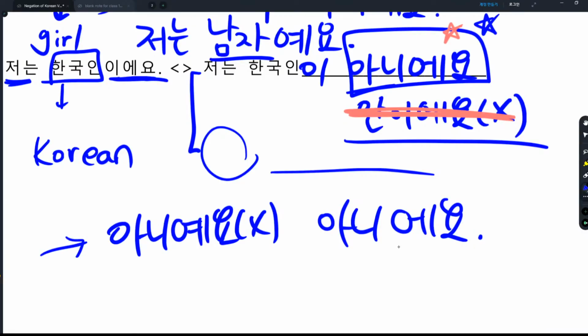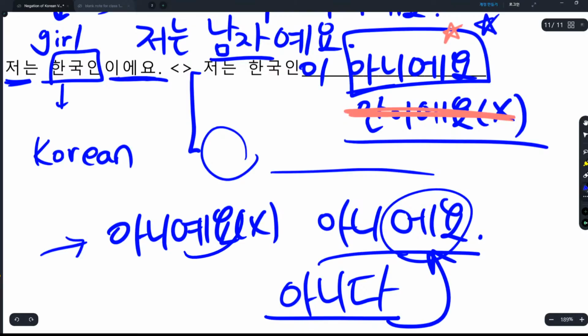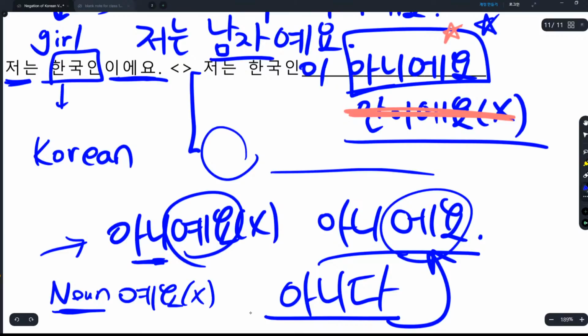But when we are conjugating 아니다, it's conjugated this way: 아니에요, not 아니예요. It might be confusing because we learned that if the noun doesn't have 받침 and ends in a vowel, like 아니, it has to be combined with 예요. But this works differently. It's spelled 아니에요.